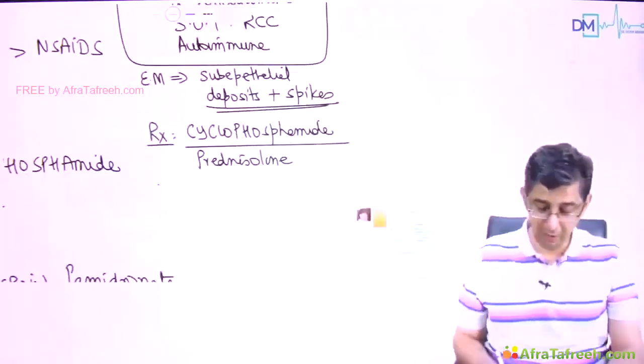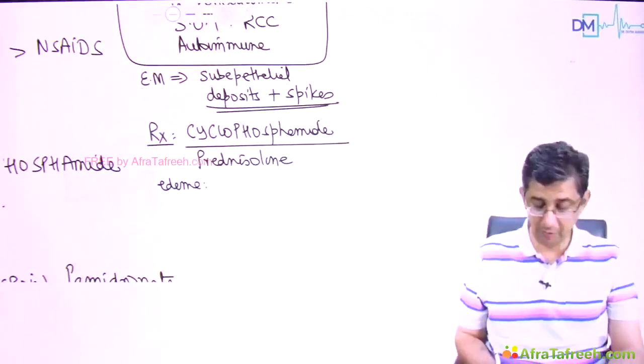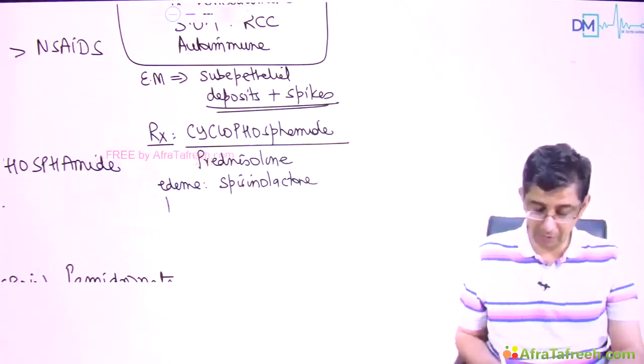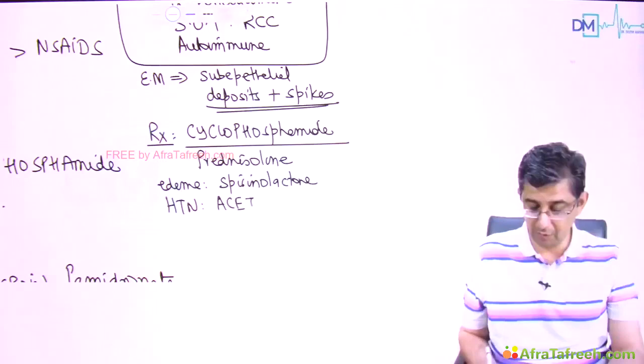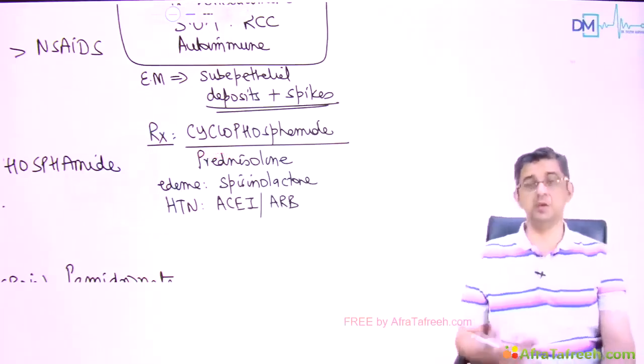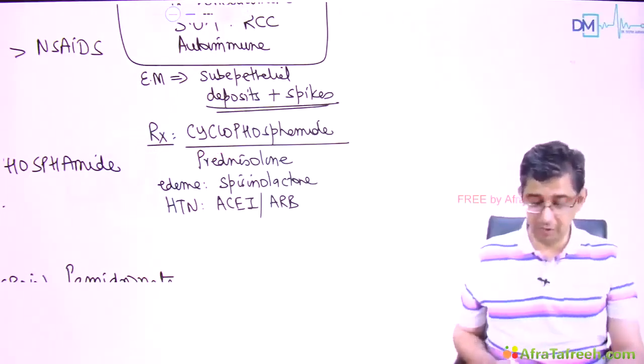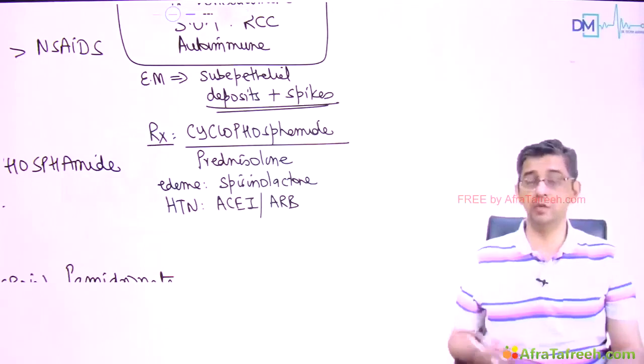Along with this, for the edema component, which could be pedal edema, spironolactone will be used. For the hypertension component, we can use ACE inhibitors or an angiotensin receptor blocker. And last but not the least, for these patients you also have to remember that the amount of protein intake is directly proportional to the GFR.